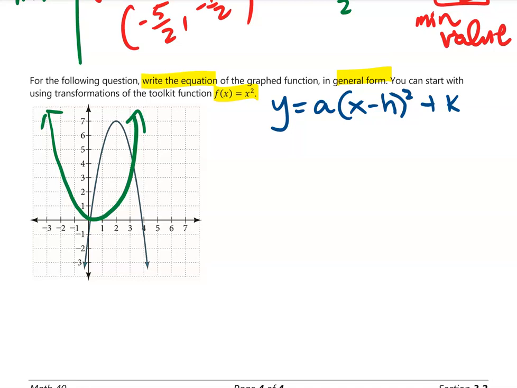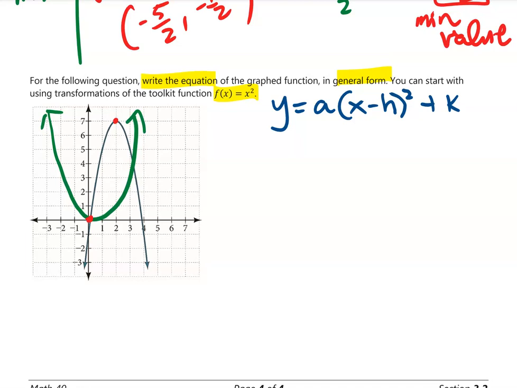So the best way to do this is when you are starting from the vertex, which is the origin of your x squared, to the vertex of this given graph.